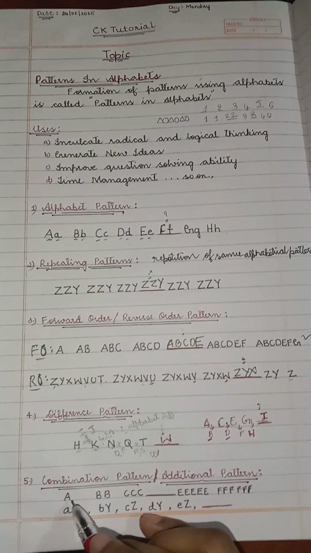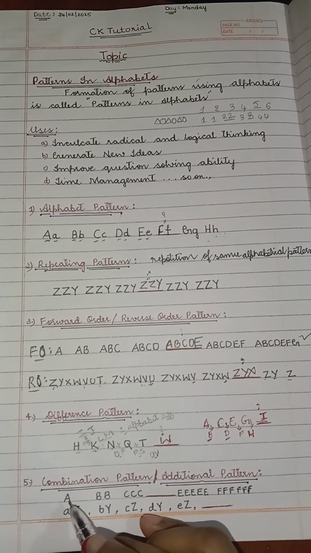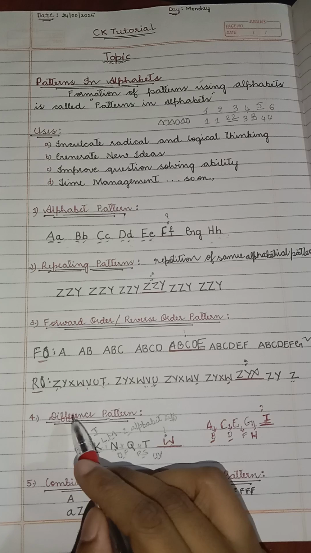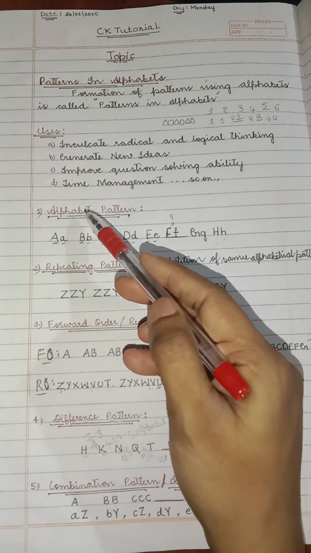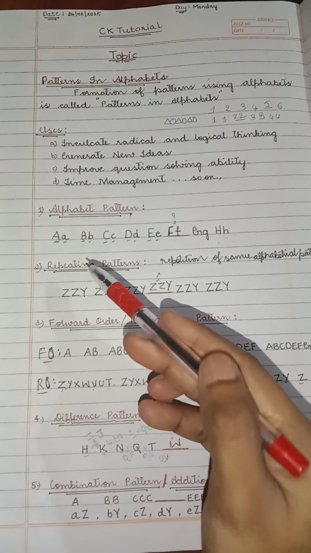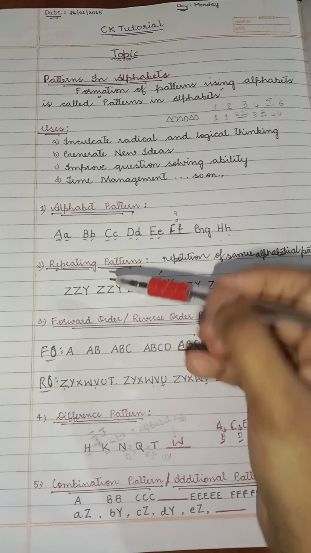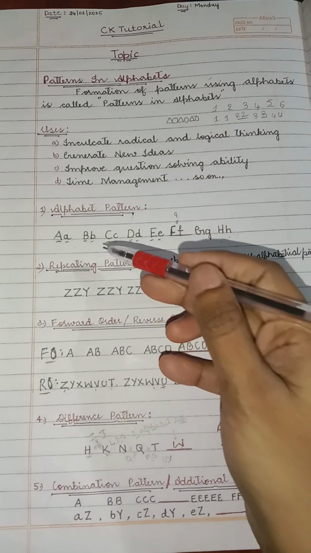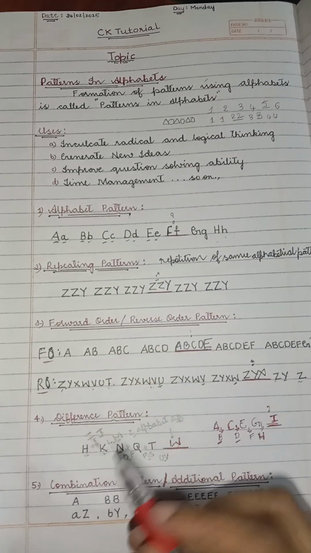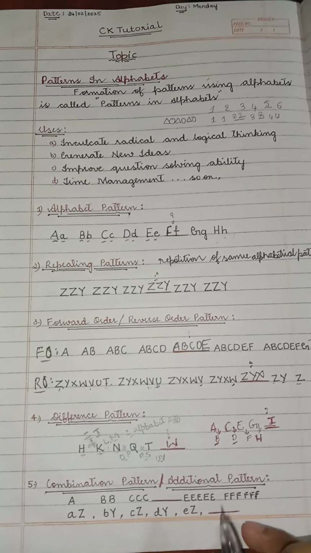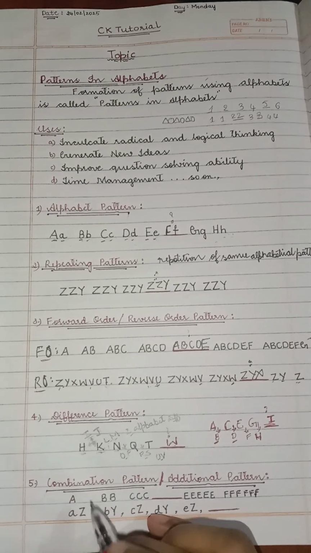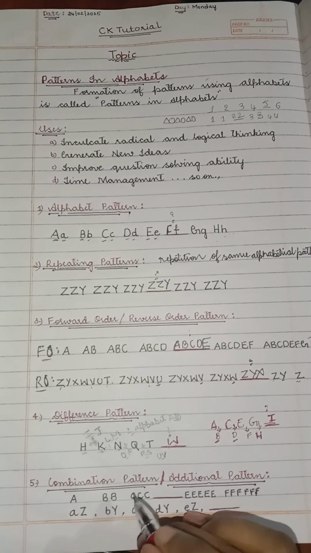Here we have to get the combination of two different patterns, for example, alphabetical pattern with repeating pattern, or the repeating pattern with forward order pattern. Here the two patterns will be combined and arranged in a different way. So let us observe which is the combination pattern in these two.